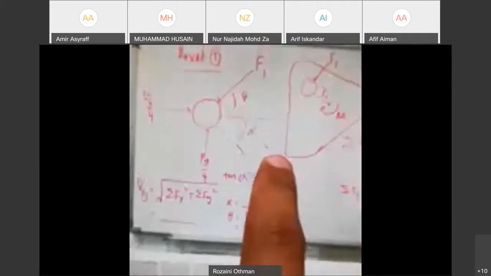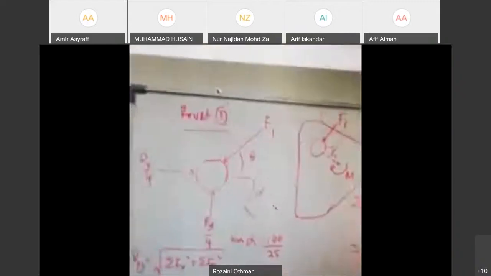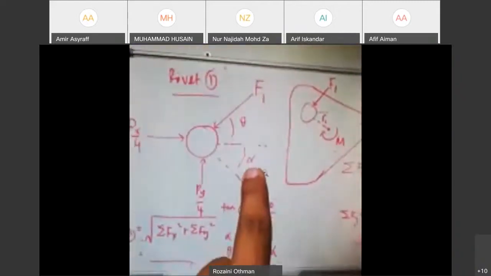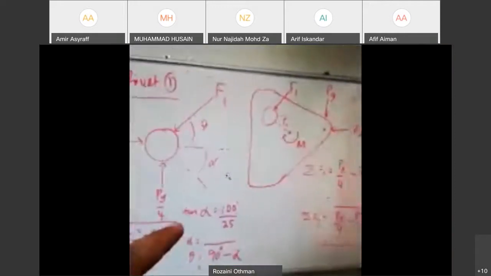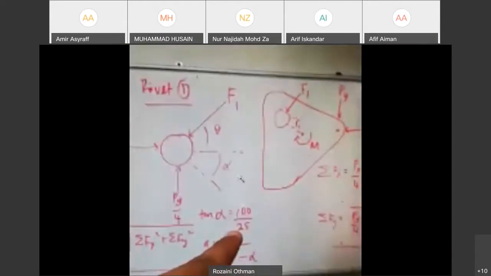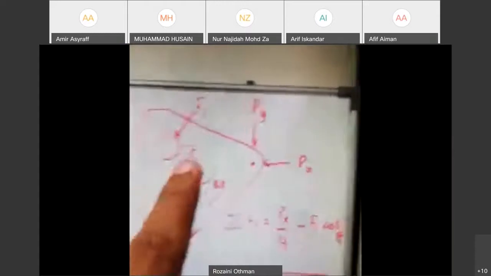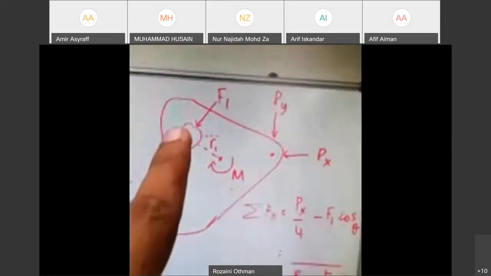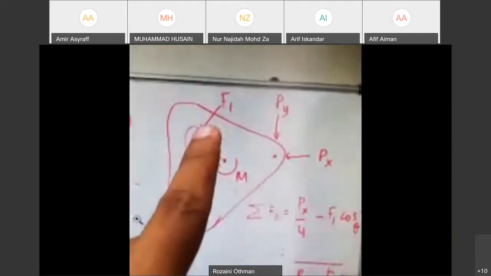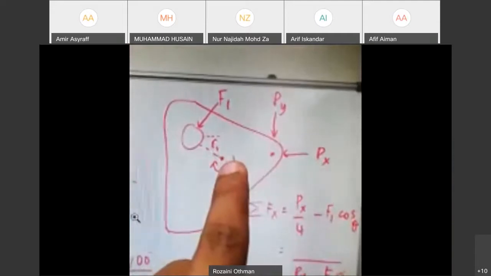First of all, we determine the angle, and I just do the simple one. First we need to determine what alpha is. We know that tan alpha is 100 divided by 25. Because if you can see from here, the distance from rivet 1 to the centroid in x is 0.025, and in y is 0.1.